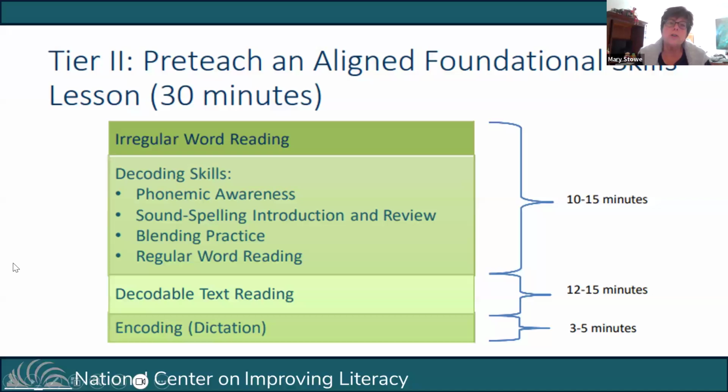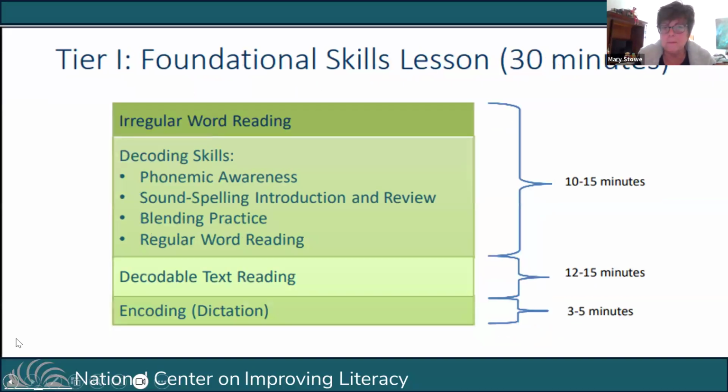But now at Tier 2, we're going to pre-teach the same lesson so that students are able to engage with that. Will we use the same words, the same content? We probably will not use the same words, but we will use the same type of content. And what we're helping is that students will then be able to engage within the Tier 1 lesson. So I'm going to go back to the Tier 1 lesson.